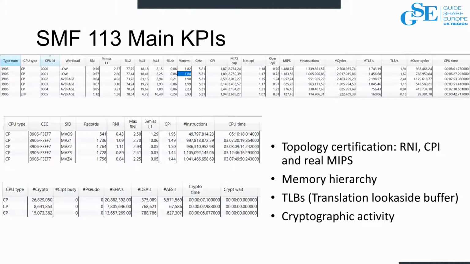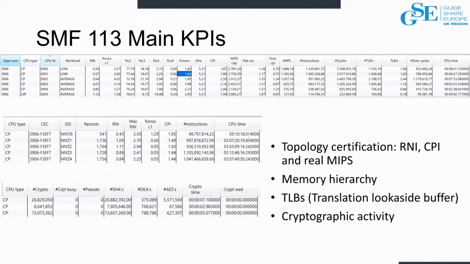But not only the cache levels, RNI and CPI, you have many more counters and KPIs in your SMF 113. There you can find the real MIPS by processor.